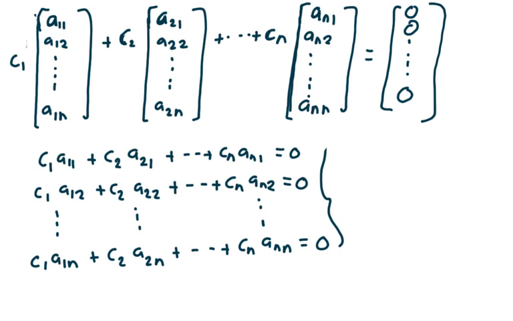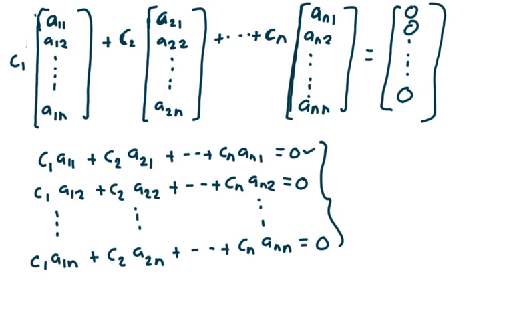And so I'm going to equate entries. In other words, I'm going to take c1 a11 plus c2 a21 plus all the way through until cn an1, and set that equal to 0.